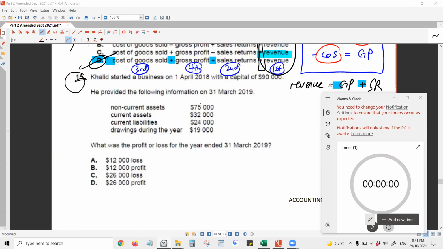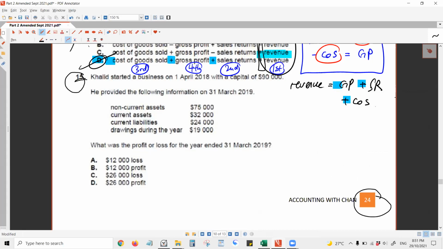Okay, time's up. Patient not sure. Maybe you have not seen such a question before, but don't worry. It's quite like mathematics here. You put in all the numbers you have into the equation, then you find the missing number, like an algebra question.